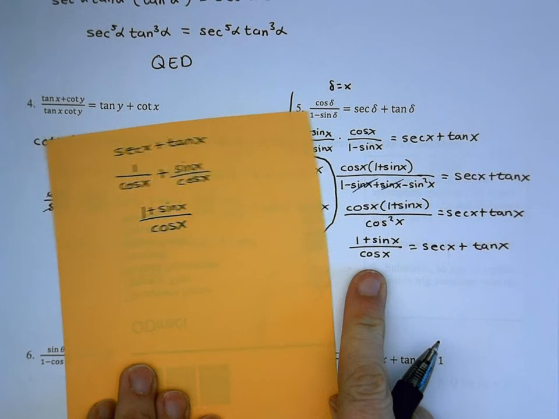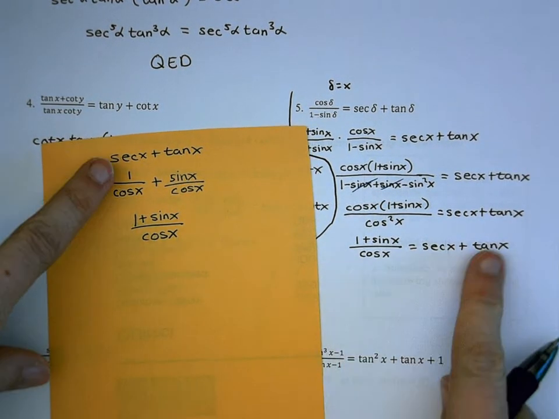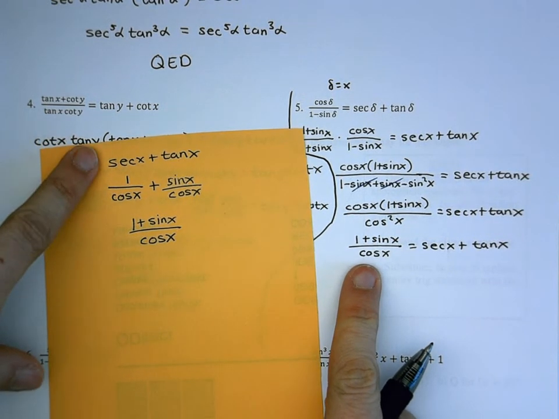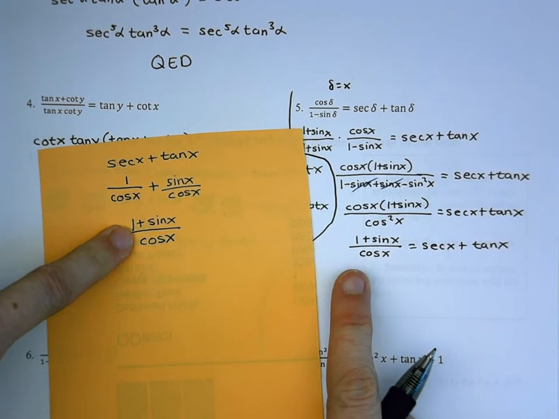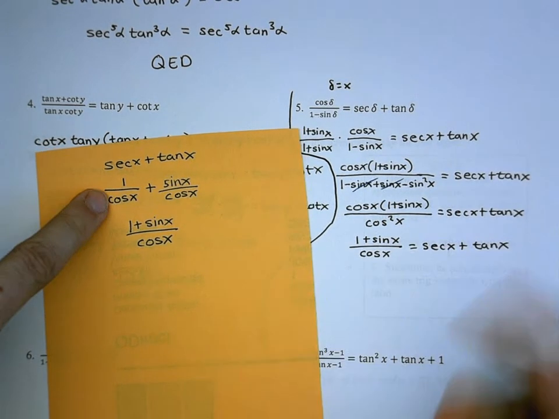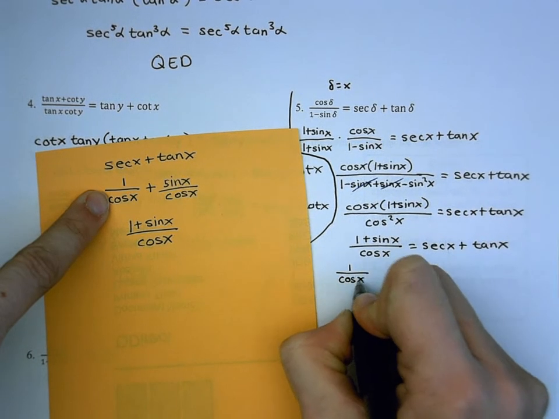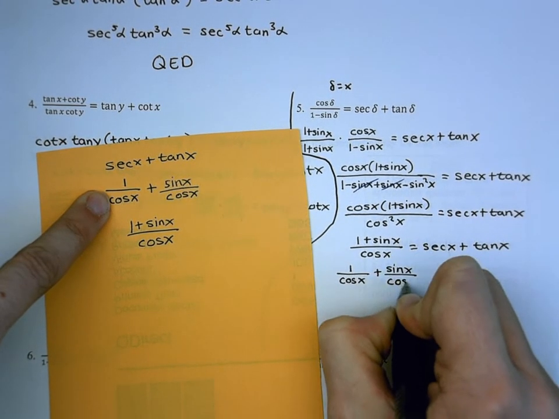This strategy, ladies and gentlemen, allows us to say, okay, now that we've gotten our right to match our left, what if we undid these steps? 1 plus sine x over cosine x, we could rewrite that as 1 over cosine x plus sine x over cosine x. That's called splitting the fraction.